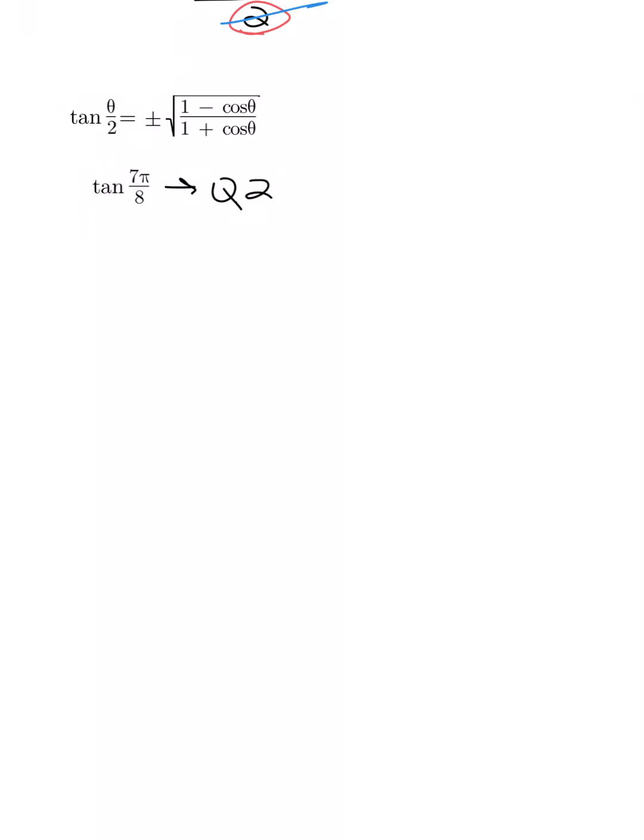If the angle is located in quadrant 2, now we need to decide what kind of sign the tangent would have. We know that the tangent is negative. Remember that in our first version of this problem, we found that theta was 7 pi over 4.